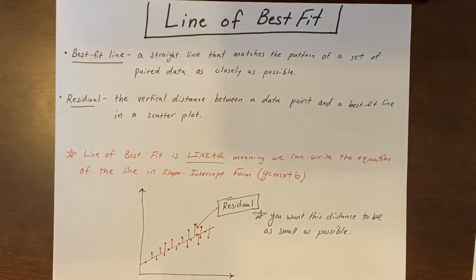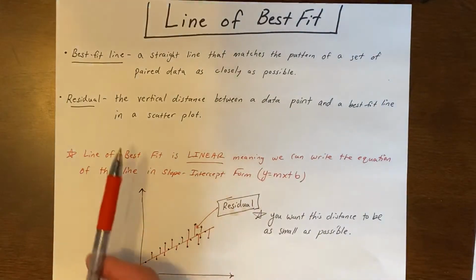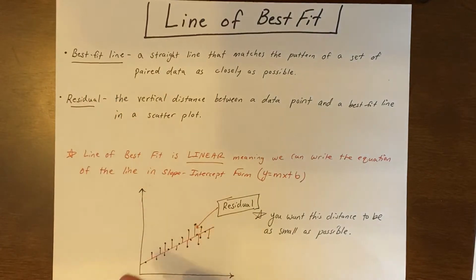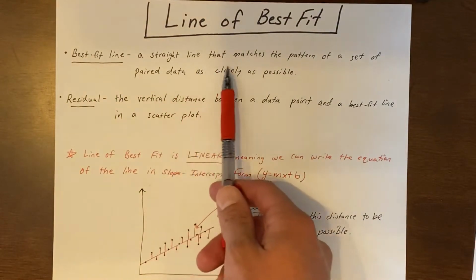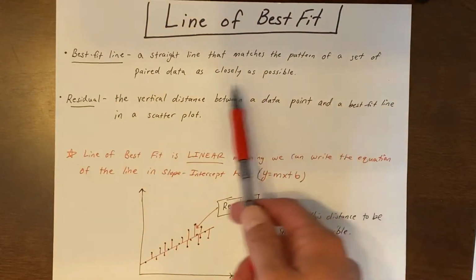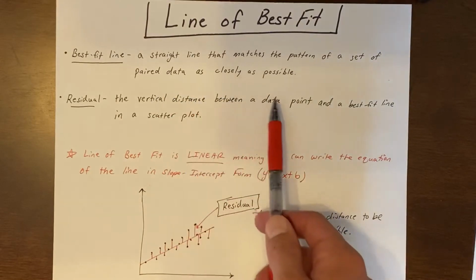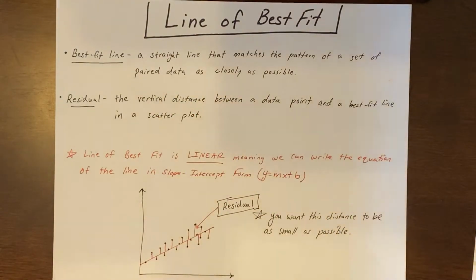Okay, so to start off with our definition, a best fit line, or a line of best fit, is a straight line that matches the pattern of a set of paired data as closely as possible. So here we're talking about scatter plots where we have bivariate data, or two variables, and there's generally some type of correlation or association like we saw in the previous video, where if the trend of our points is going uphill, then we would say as one variable increases, the other variable increases.